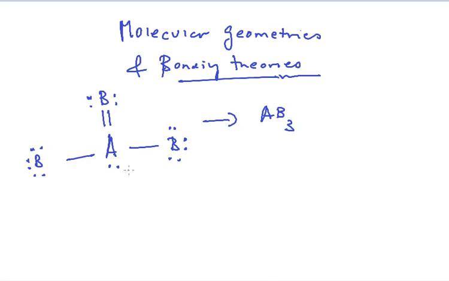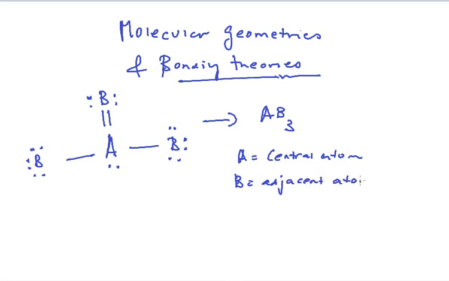One of the things that's very important for the molecular geometry of any molecule or ion is to determine the electron domain. The electron domain is how many bonds are associated with the central atom. In this case, A is our central atom, and the Bs are neighboring or adjacent atoms.